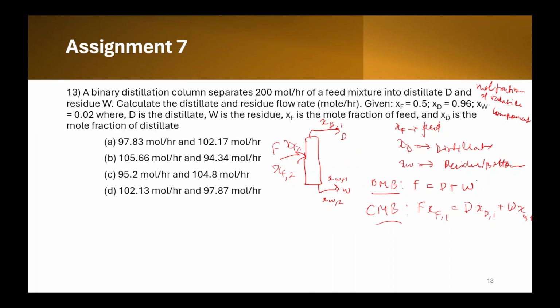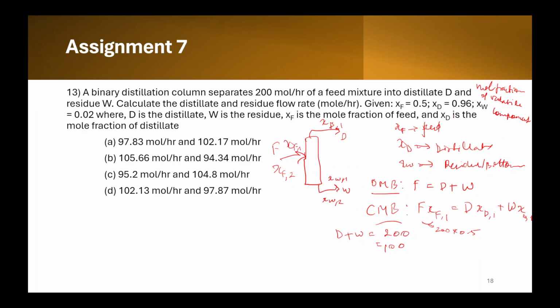We don't know D and W, we need to find that. F we know. So the two equations will come out to be D plus W is equal to 200, and then 200 into XF1, which is 200 into 0.5, so this will be 100, is equal to D into XD1.